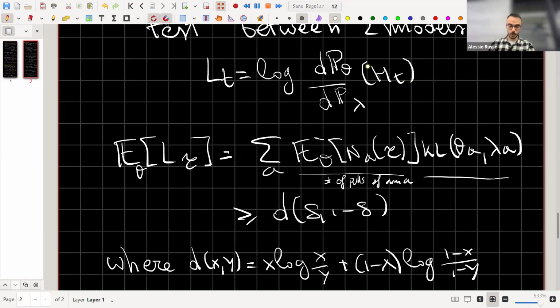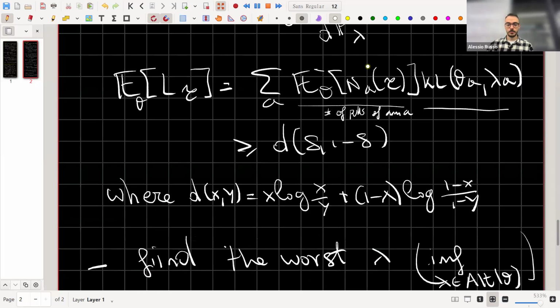We have also shown a lower bound on this quantity, d of delta, 1 minus delta, where d is the Bernoulli KL divergence. So this is another KL divergence, but for Bernoulli distributions, where there is a parameter p that represents the probability of success or not. And this is roughly log 1 over delta.